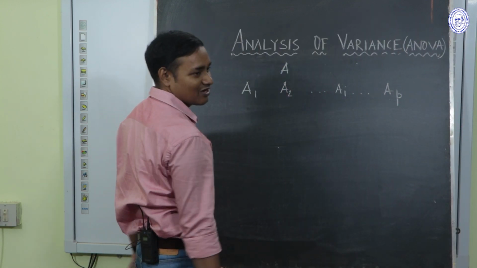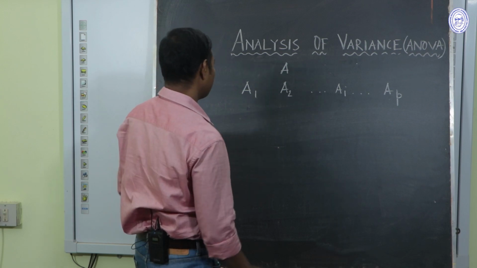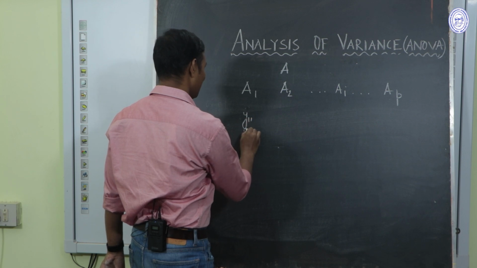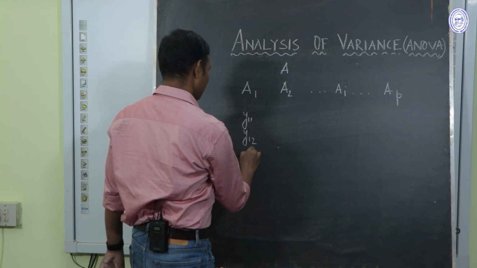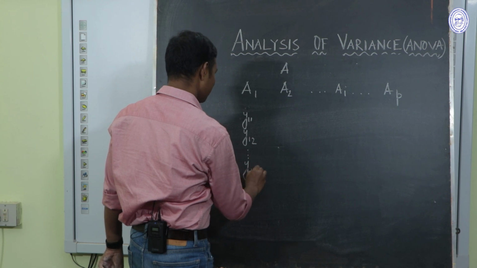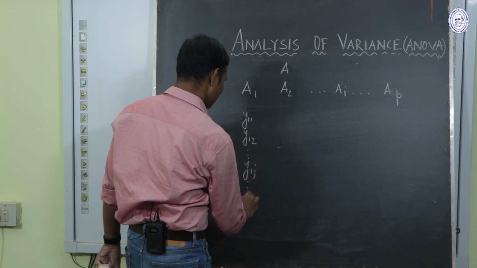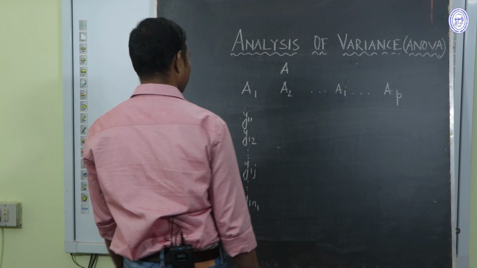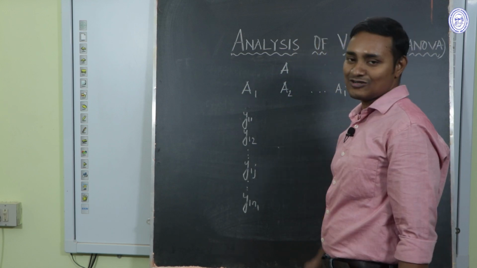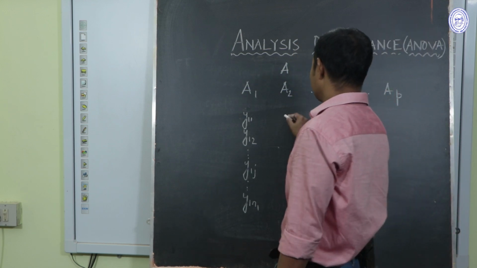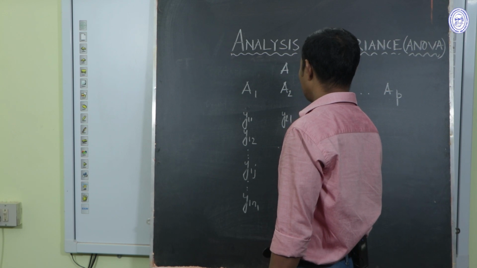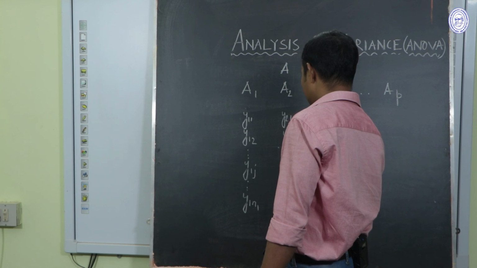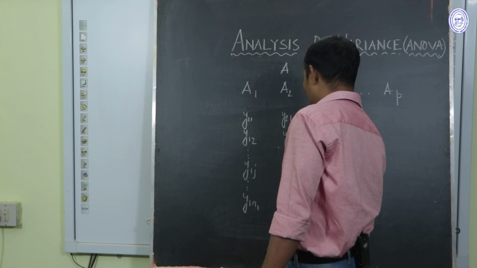Observations in the A1 class are Y11, Y12, dot dot dot Y1j dot dot dot Y1n1. The observations corresponding to the A2 class are Y21, Y22, Y2j dot dot dot Y2n2.